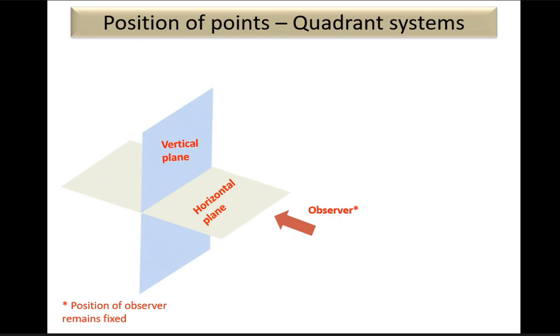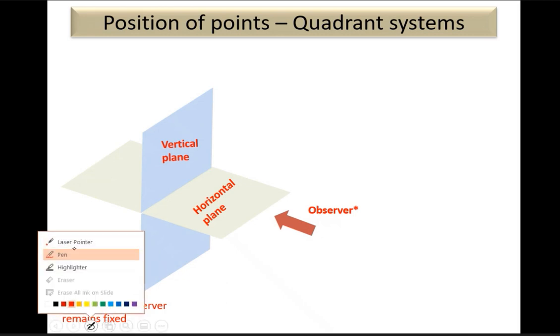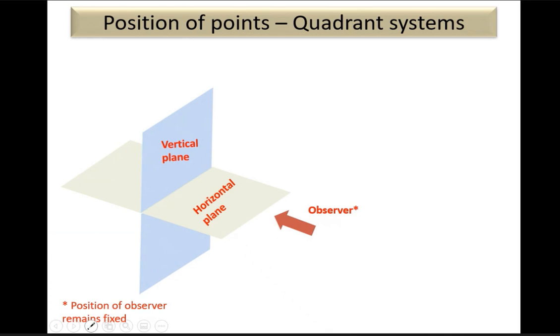You can see an arrow over here. Can you see the pointer now? The laser pointer? Yes, sir. This is our observing position. This is the point from which we observe it.